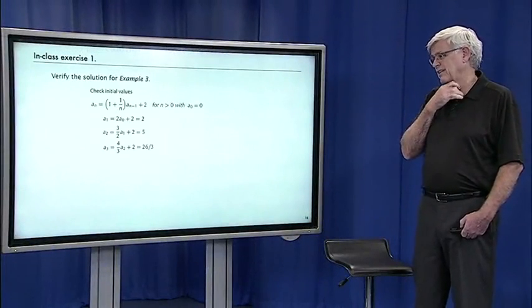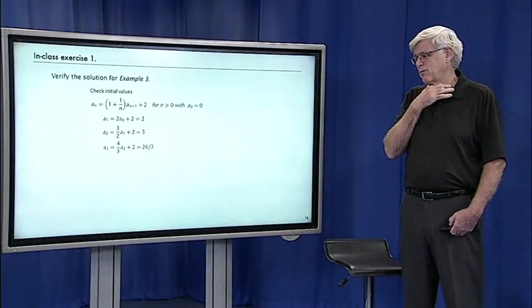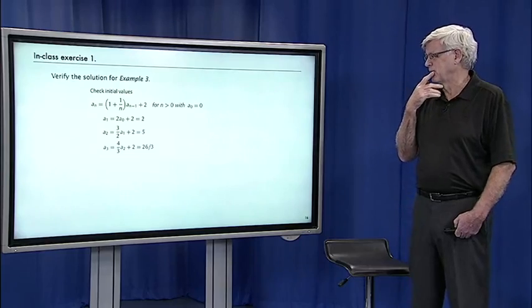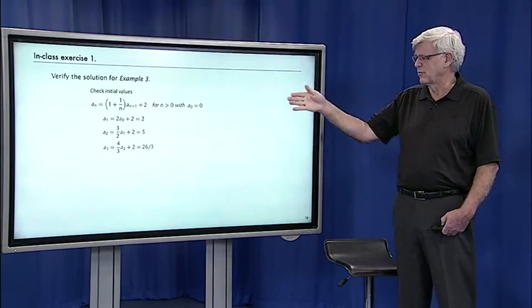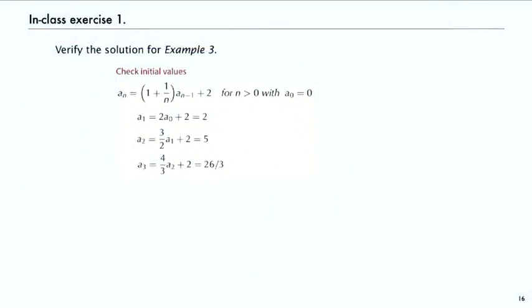So one thing that is good to do even before trying to do the algebra is to just do small values, or as I mentioned, you can write a program to compute them. If I've got a recurrence, I can do the first values: a sub 1 has got to be 2 and a sub 2 has got to be 5 just by doing the really simple math there.